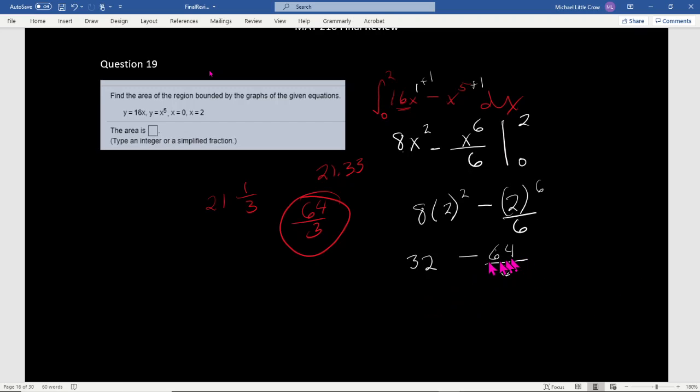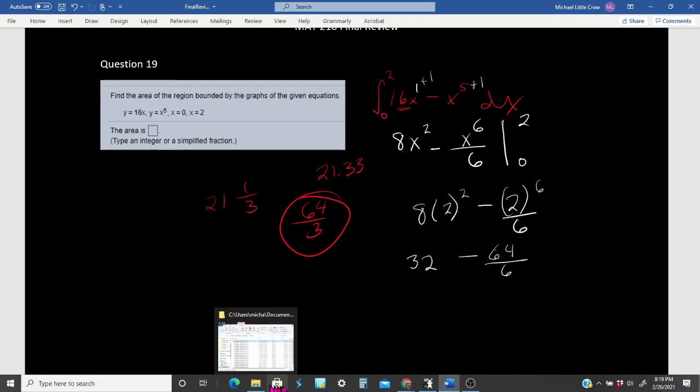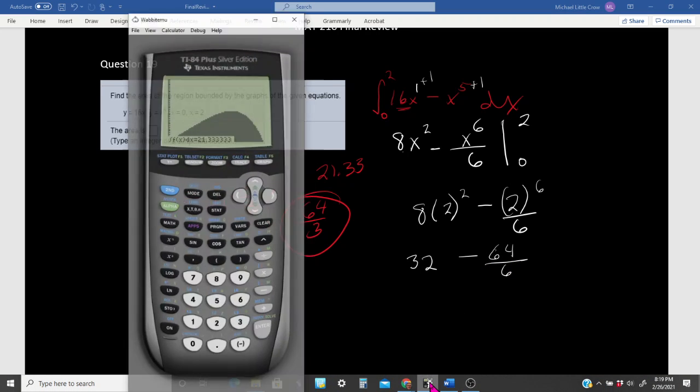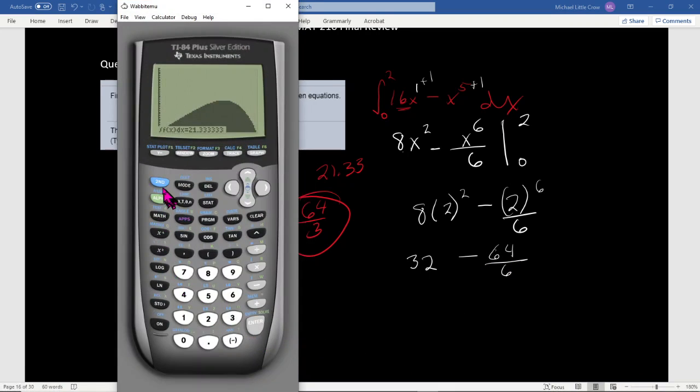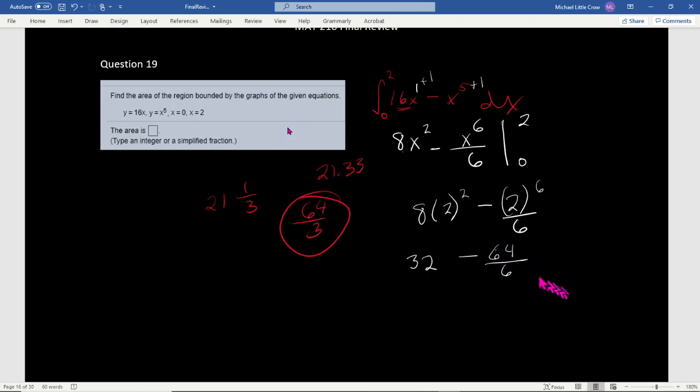Let's just check it. 2 raised to the 6th. Yeah, okay. And then 2 goes into both of these, so that leaves a 3, and that leaves 32.